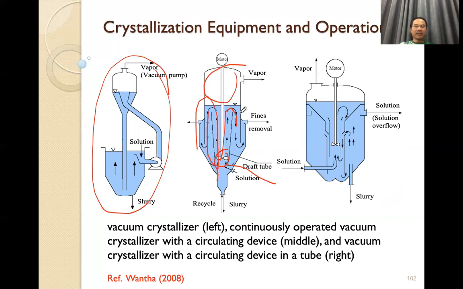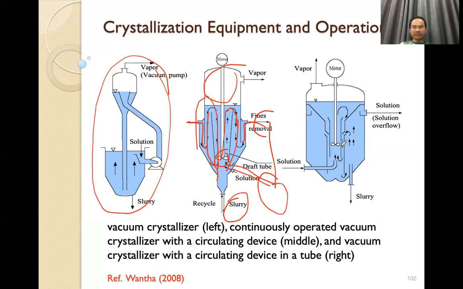The big or larger size crystals can flow down through the crystallizer, and the smaller size is separated out in this fine removal. It may be recycled by dissolving again in the heat exchanger and then fed back into the section.